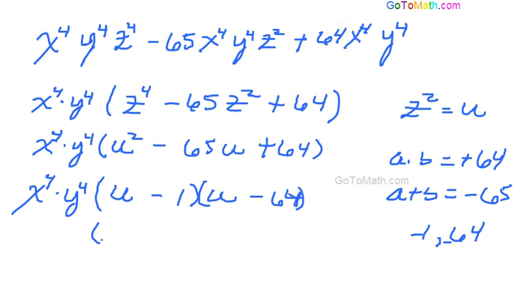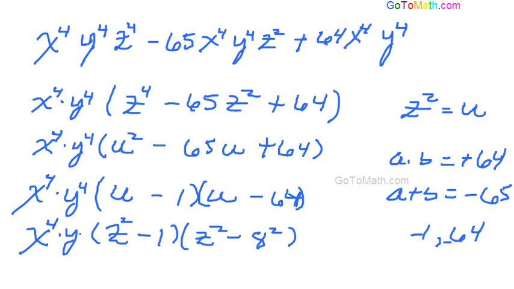Yeah, sorry about that. But that's the way things are sometimes. So we're using z, so this should be z squared, and then z squared minus. Now, I'm not going to write 64. What I'm going to write is 8 squared here. Okay, and 8 squared is 64.